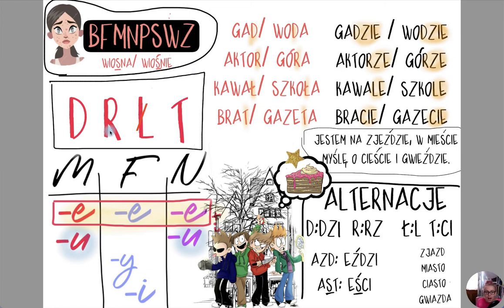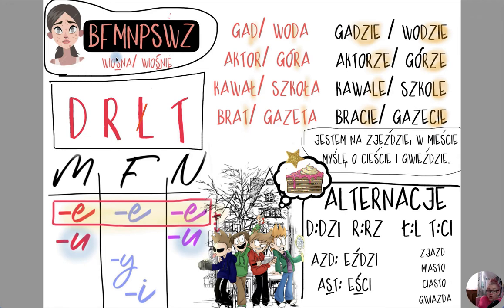Let's assume that if these four letters cause exactly the same alternation as we had in the previous lesson, we would have the endings die, rie, wie, and tie.